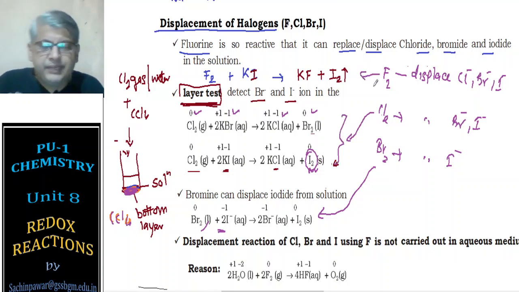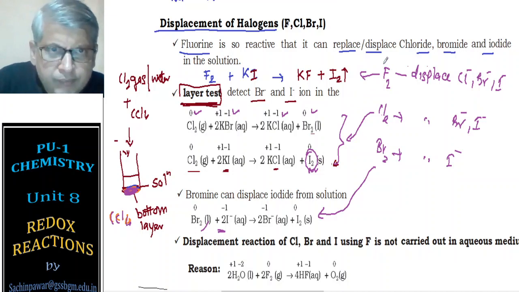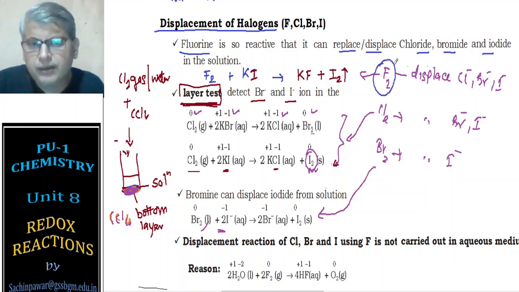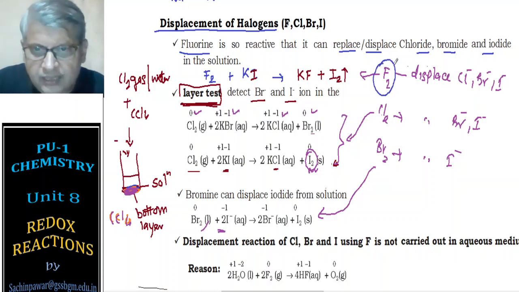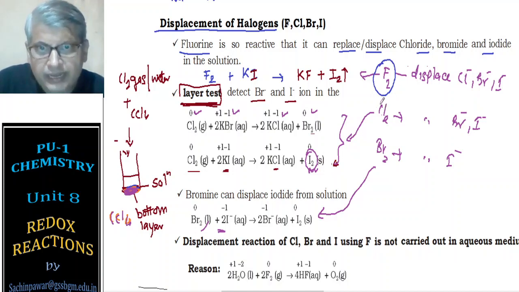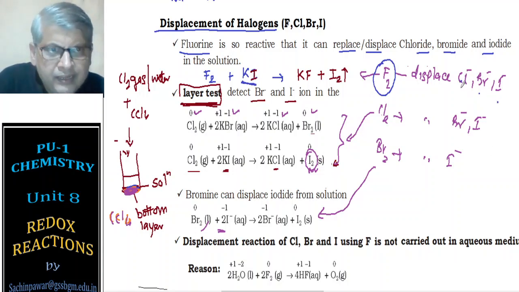Now one problem is that fluorine is the most reactive, a very reactive substance, and therefore it can react with water as well. Suppose I am taking a solution of chloride, bromide, iodide.